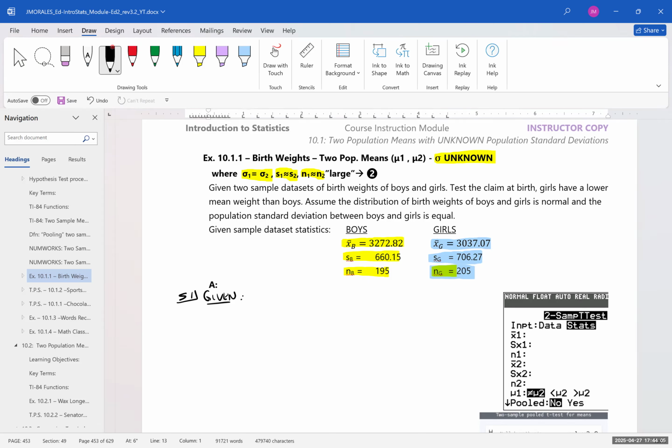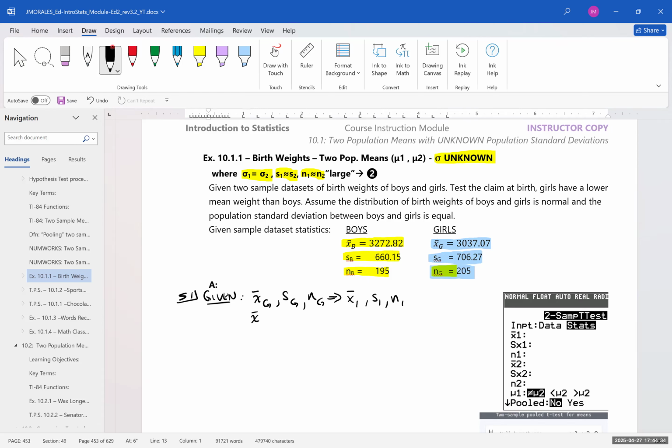So we've got a mean weight, say for girls, standard deviation for girls, and a sample size for girls. We're going to call this X bar 1, S1, and N1 because we're going to need that labeling for the calculator function.